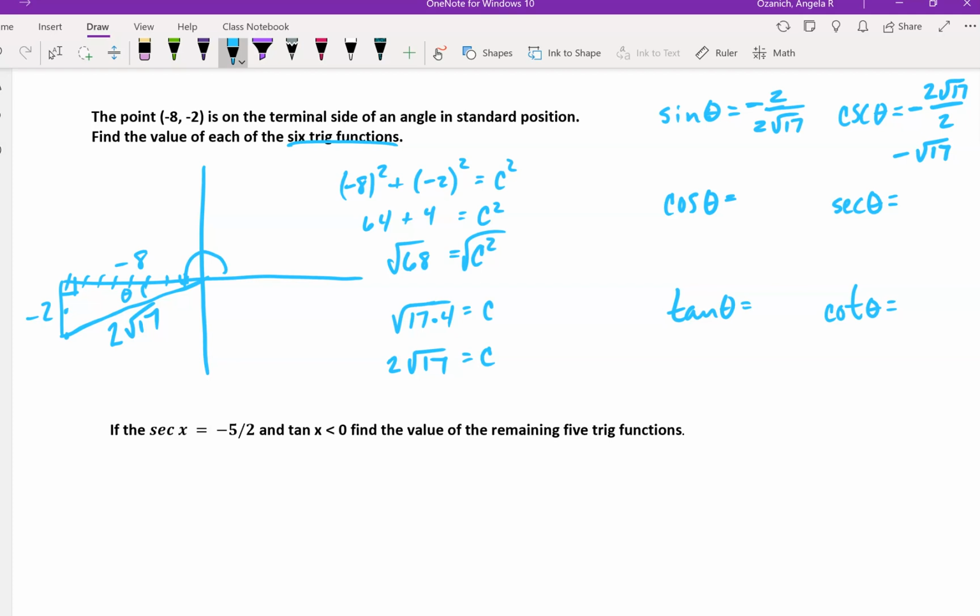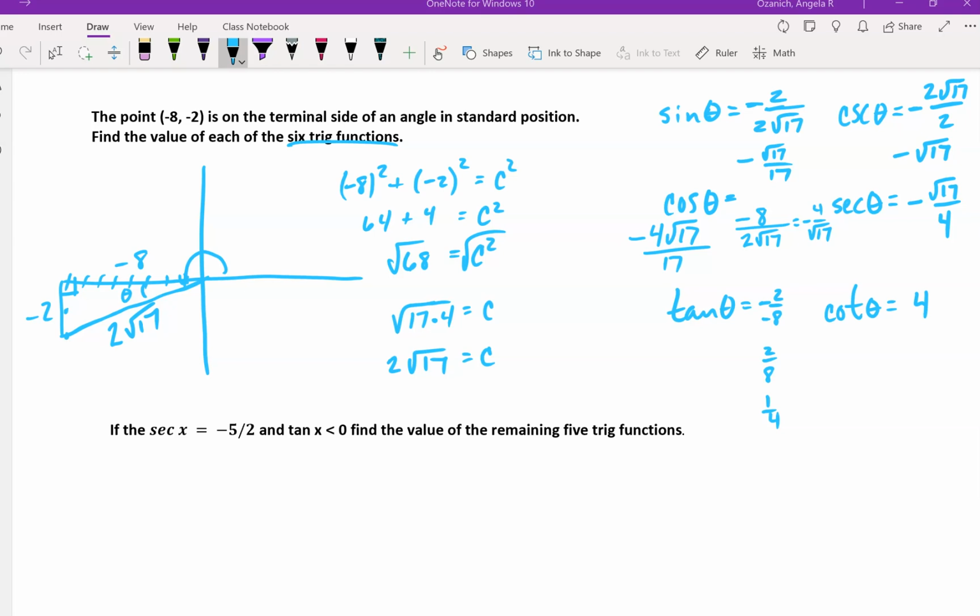So that one's an easy one to simplify, right? And so this one probably is going to just end up being negative root 17 over 17 because the 2's are going to cancel. So go ahead and try and write these other values just like that, and I'll check back in with you in 2 shakes.